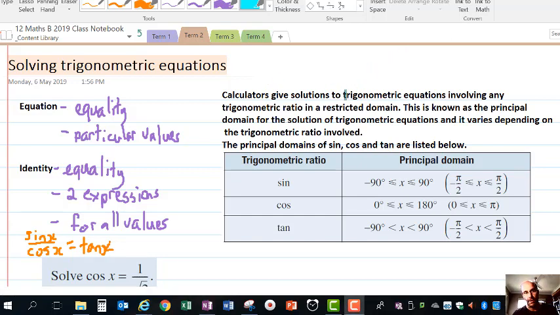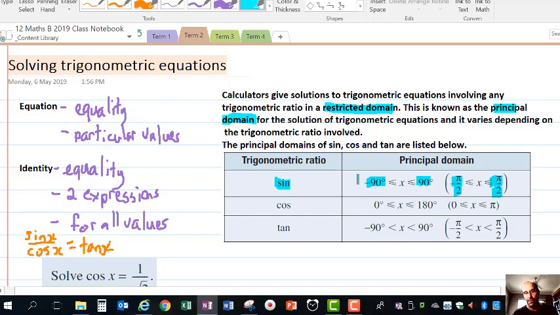Now, focusing on trig at the moment, when we're solving trig equations, it's not always a case where we can just use a calculator, because calculators give solutions in a restricted domain, and this is called the principal domain. The full term is the principal domain for the solution of a trig equation, and of course it depends on the ratio used. If it's sine, you'll have between negative 90 and 90 degrees, or correspondingly negative pi on 2 and positive pi on 2 inclusive.